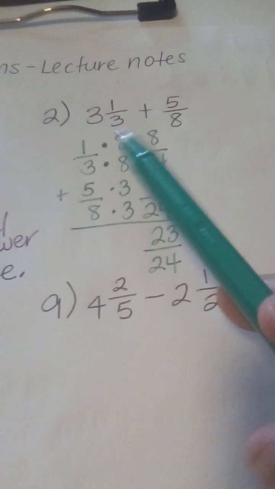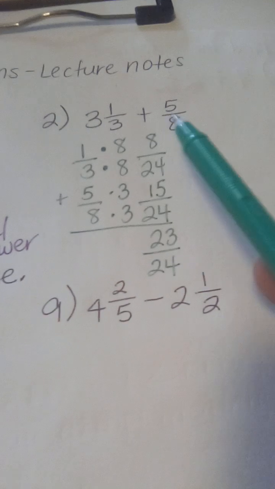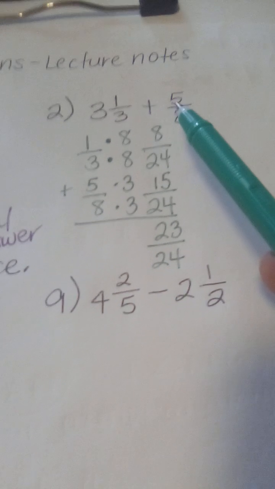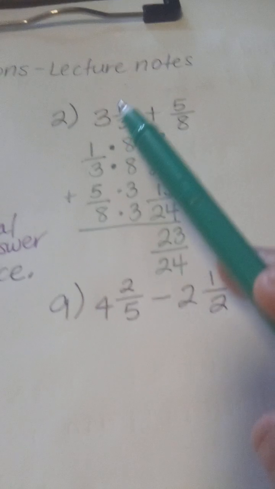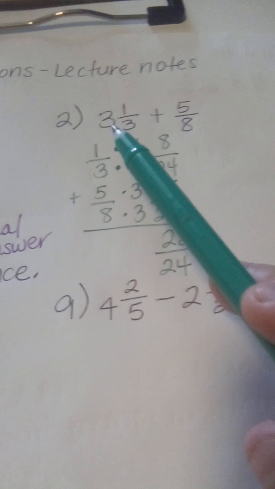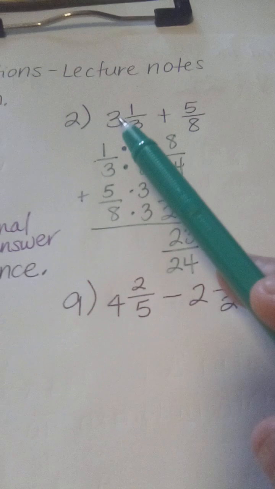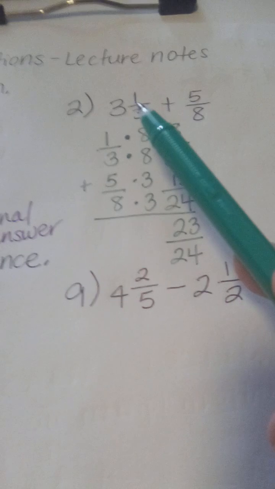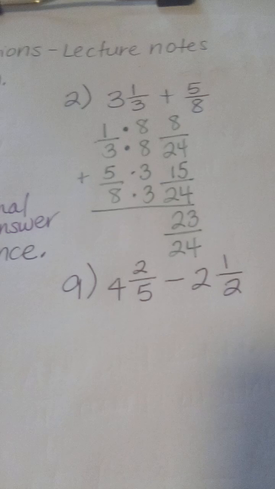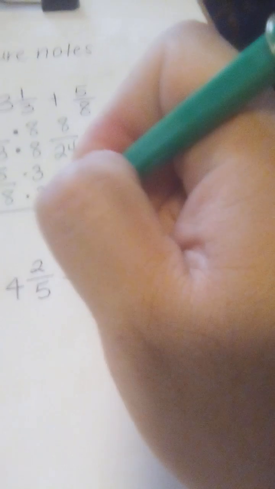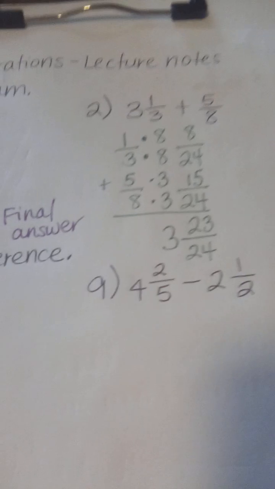Now, here's the thing. Since there is no whole number on the second part, normally it's the first part that gives us the number we put in front. So let's put this in front, which is 3. We're almost done. Let's check out the answer.